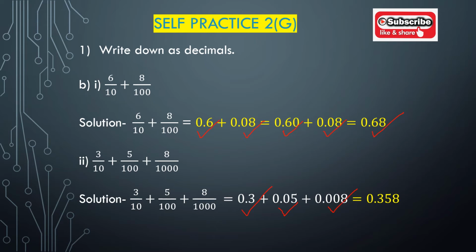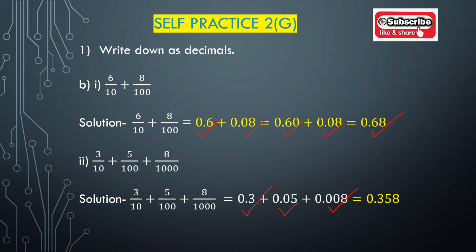Now you have to add all these decimals. 0.3 plus 0.05 plus 0.008, and 0.3 will be 0.300, and 0.05 will be 0.050, and 0.008.